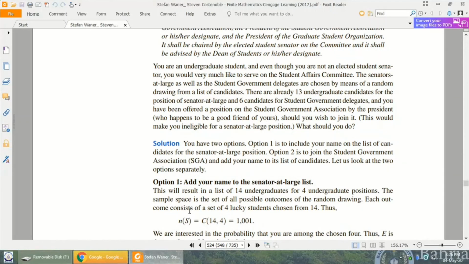So I think that you have thought enough over it. So actually this basically means that you include yourself in the graduate position of 13, and there are 6 candidates for 1 delegate position.